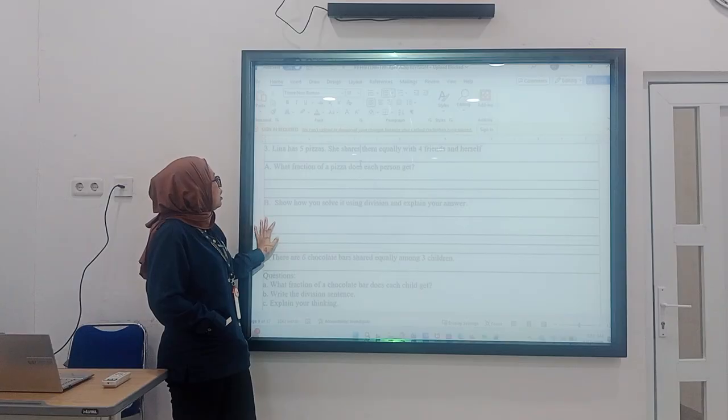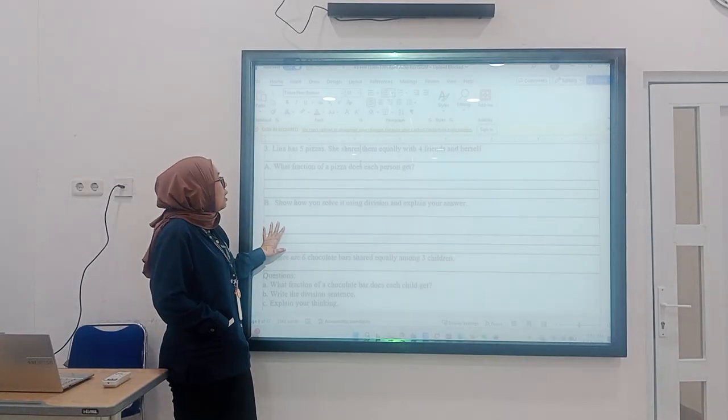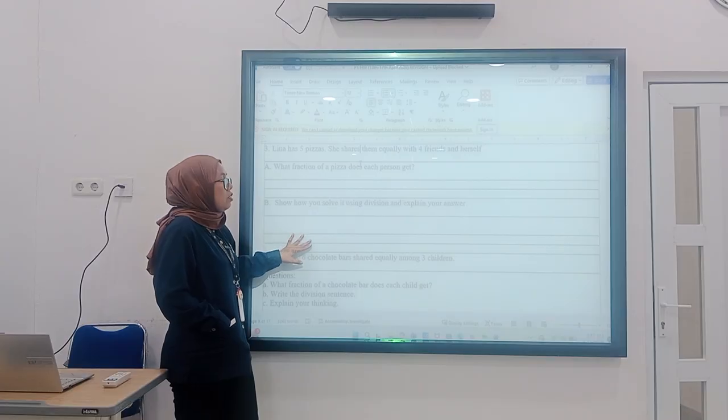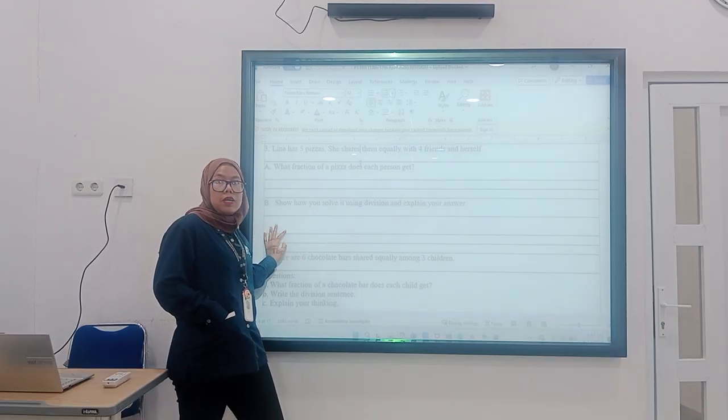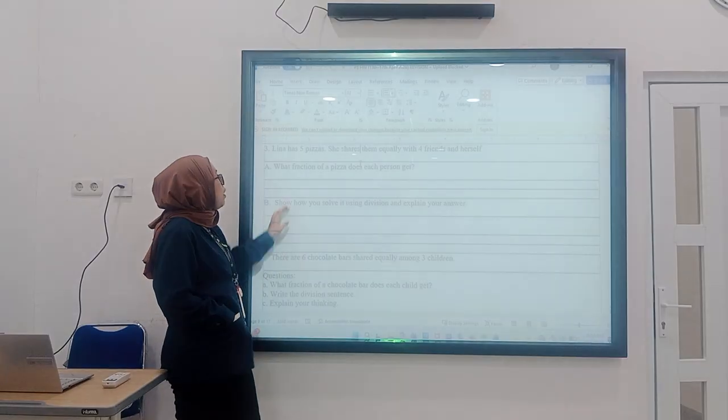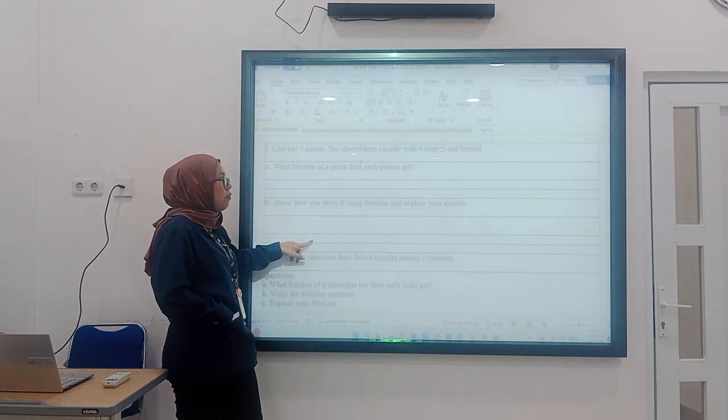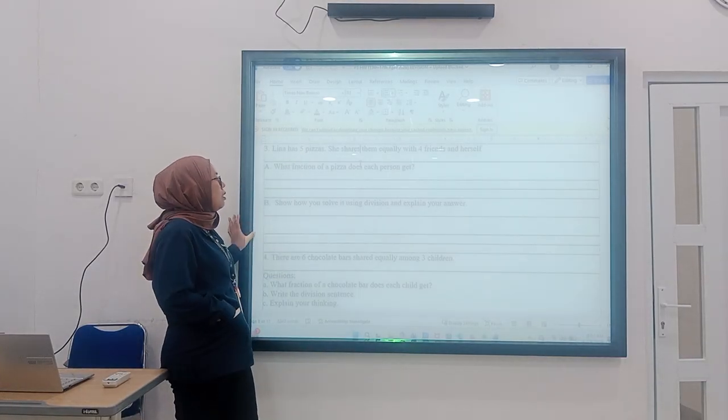Her friends are 4 and including her, it becomes 5. So we divide 5 divided by 5 equals 1, like this.